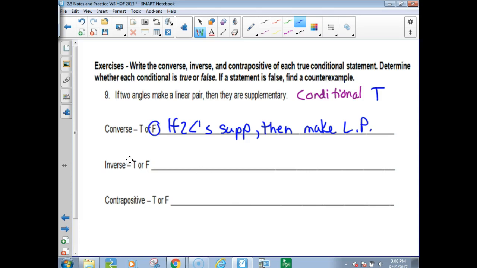Now, the inverse negates the hypothesis and conclusion of the original statement. So if two angles don't make a linear pair, and I'll use the abbreviations, if two angles' do not make LP, then not supplementary.